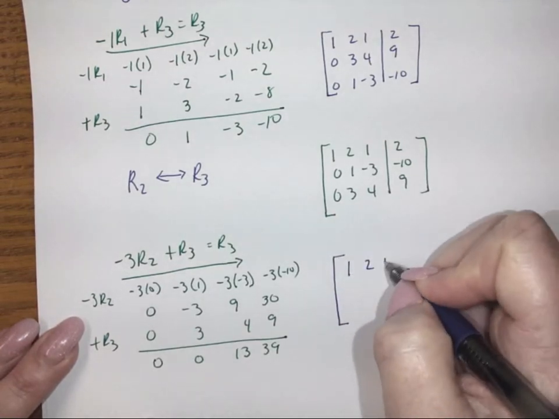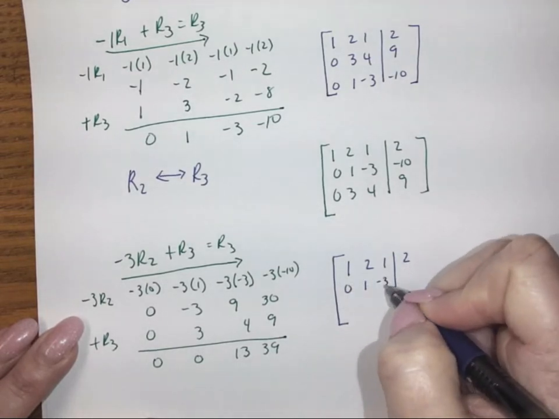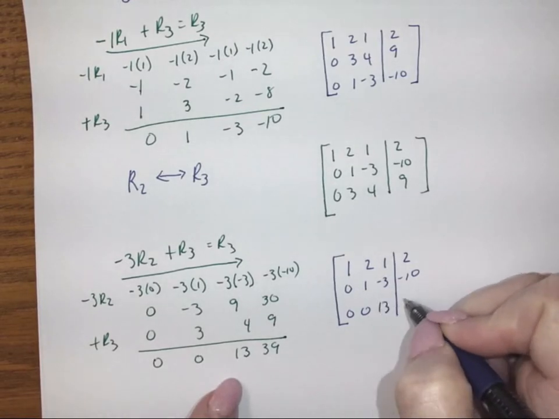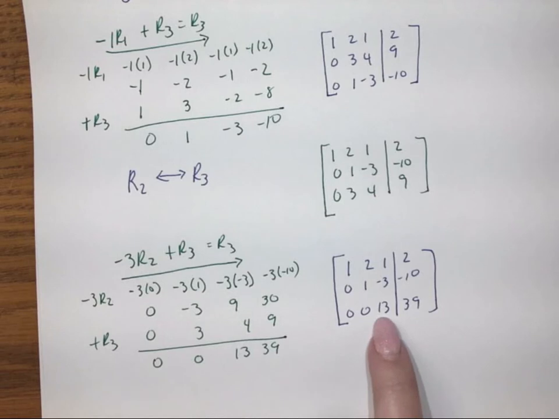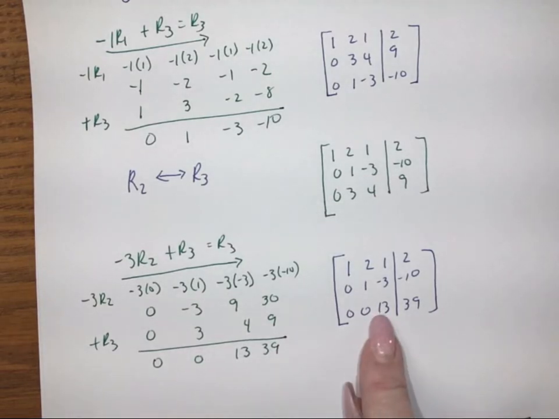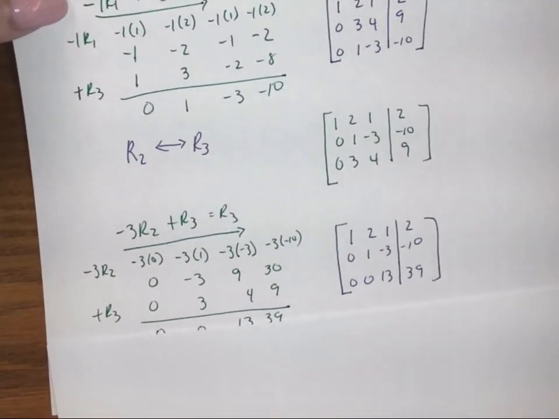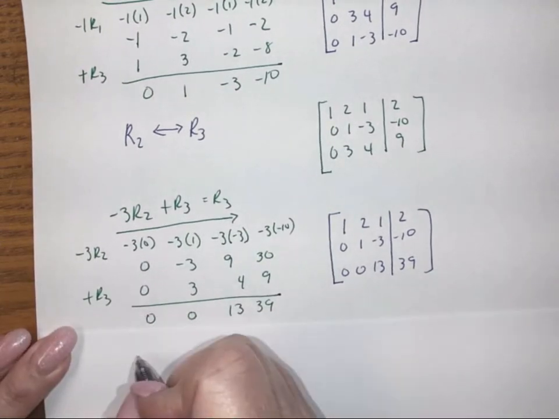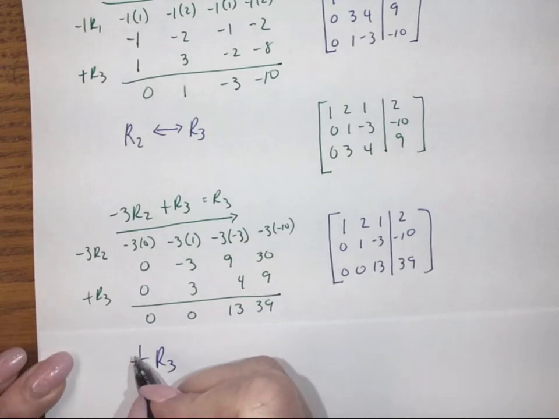So 1, 2, 1, 2, 0, 1, negative 3, negative 10, and now we have 0, 0, 13, and 39. So now we need this to become a 1. All we need to do is multiply by 1 over 13 to get that to become a 1. So we will take 1 over 13 times row 3. That's all we need to do.